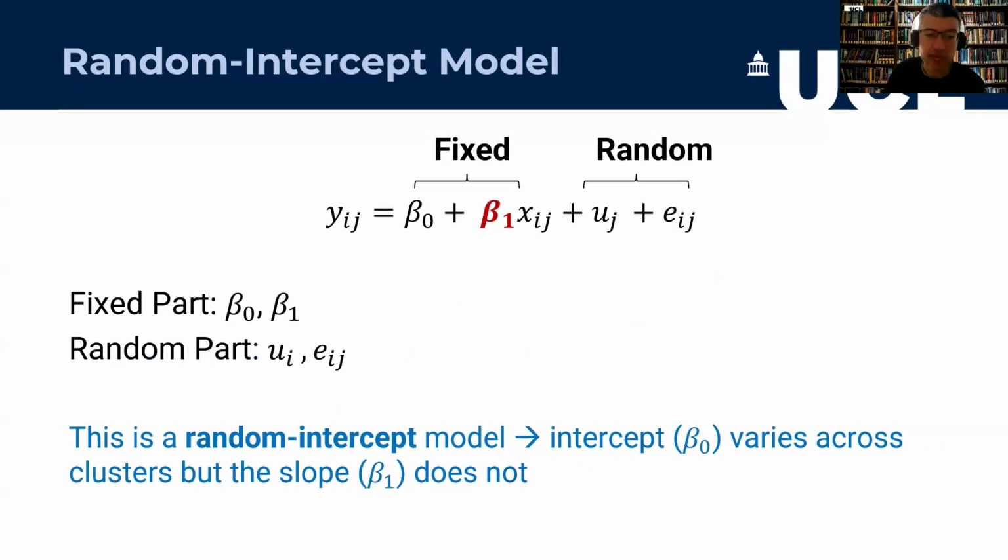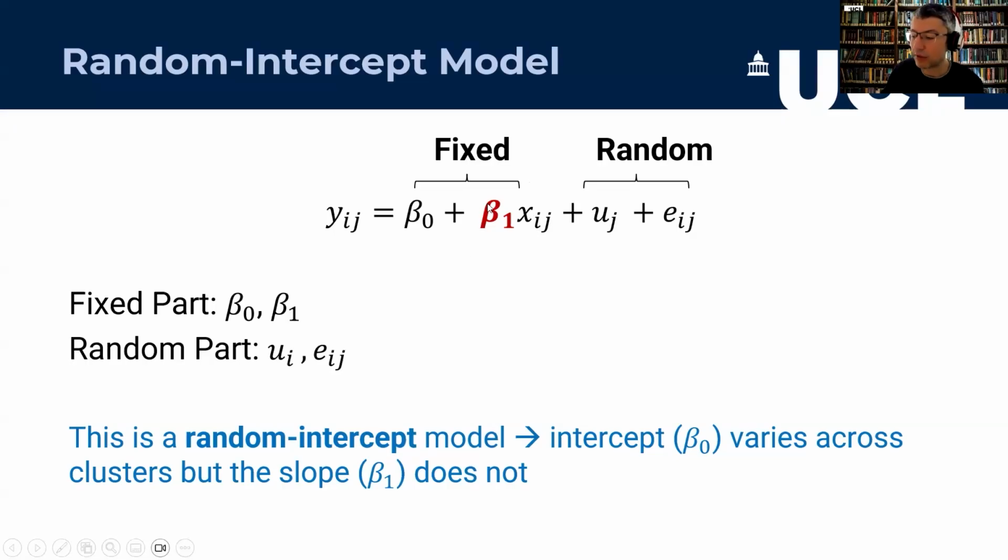So what happens then when we also introduce a covariate? In this case, we introduce the variable x. This is the focus of today's practical: we're going to be talking about random intercept models, because what we will do here is have the slope for the variable x as fixed.